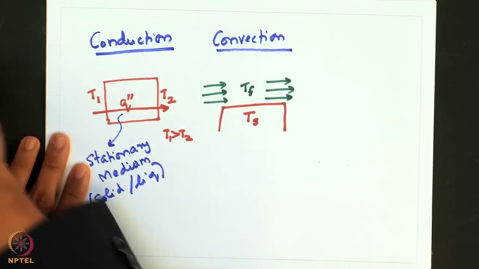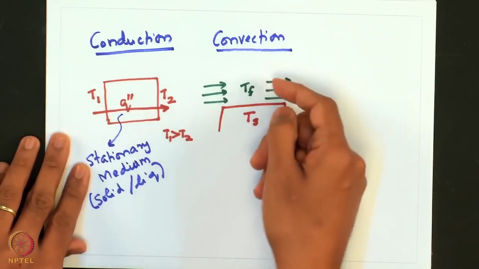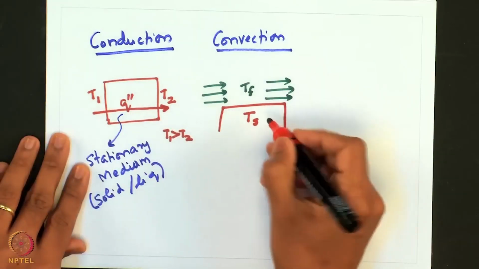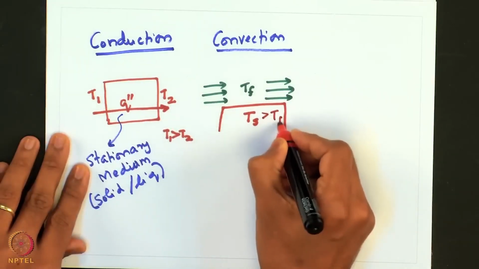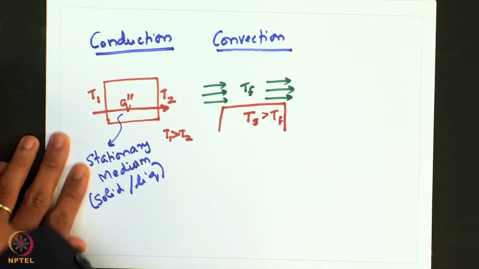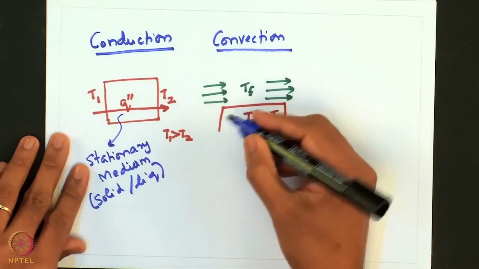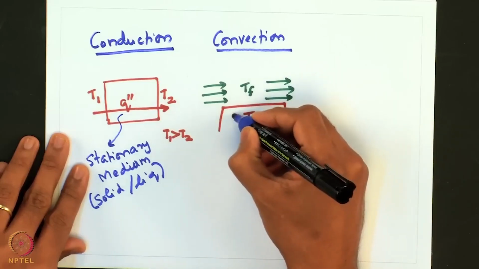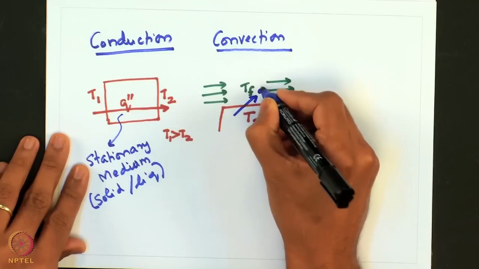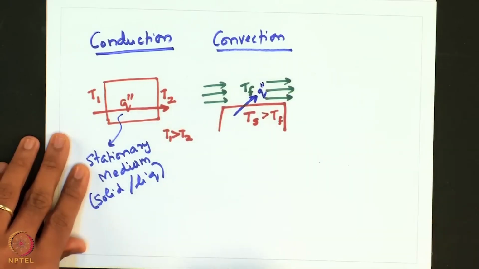Then because there is a variation in temperature, and if we assume that Ts is greater than Tf, there is a flow of energy from the solid to the fluid phase, and let us say that the flux with which the energy is transferred is q double prime.